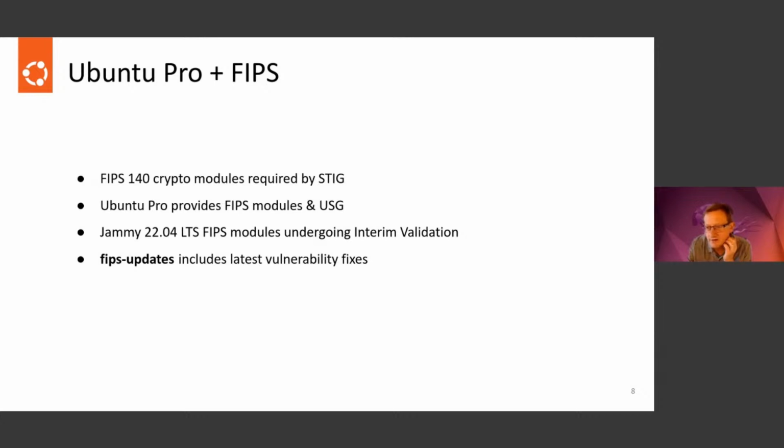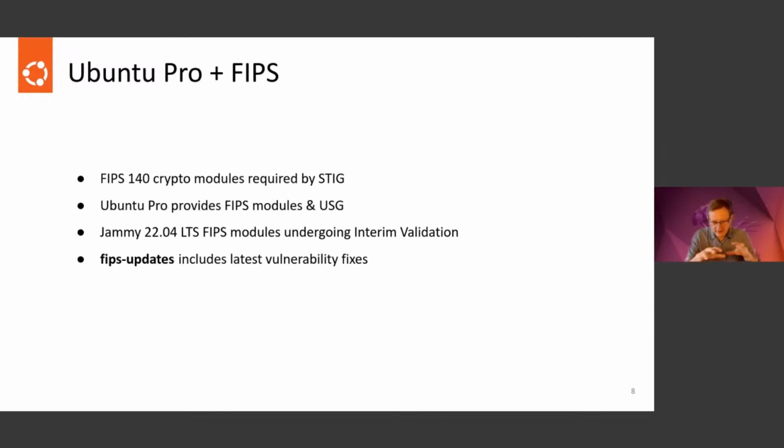Right, and I think at this point I should also mention the FIPS crypto modules. This might seem tangential, but having FIPS 140 certified crypto is one of the requirements of the STIG, certainly on Ubuntu. And in order to satisfy this demand, Ubuntu does come with FIPS 140 certified crypto modules, which are available with your Ubuntu Pro subscription.